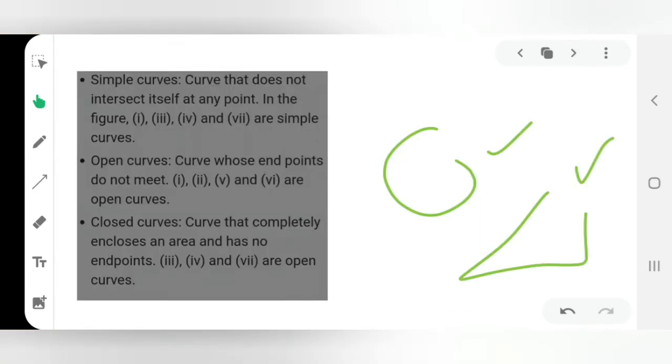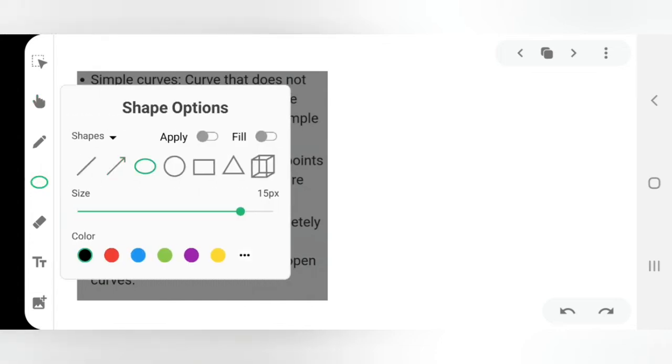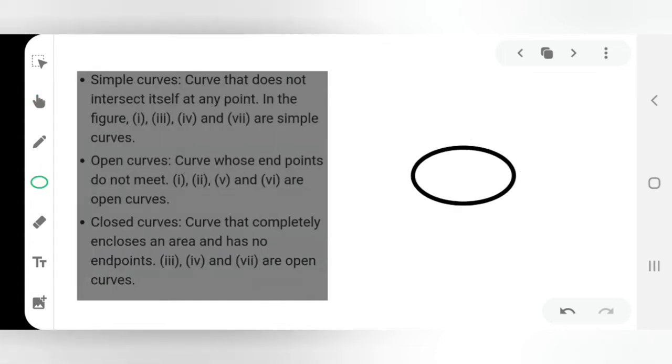After this, another definition is the closed curve. What is a closed curve? A curve that completely encloses an area and has no endpoints. This is a closed curve because it completely encloses an area, this area, and it has no endpoint.